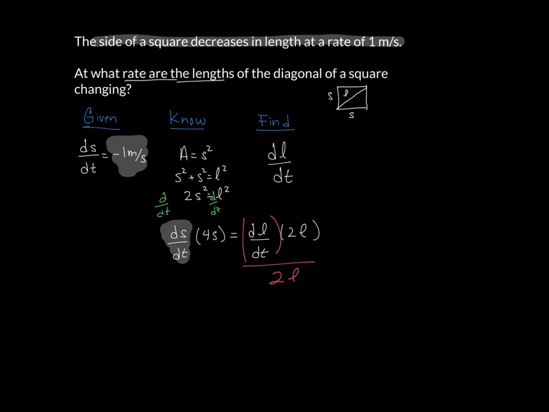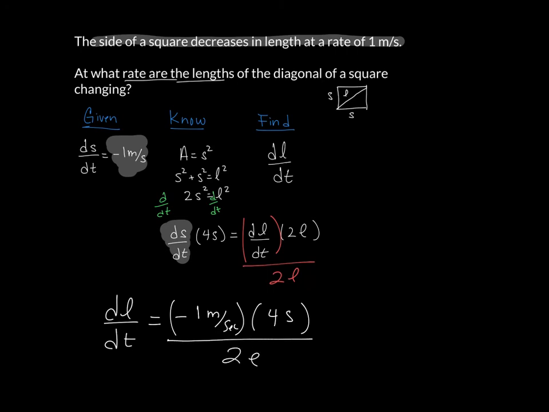So now I'm left with dL over dt is equal to ds over dt, which again is just -1 meters per second, times 4s, and this is my variable s, my side length. So let's write this as seconds so I don't get confused with that. And this is all being divided by 2L.